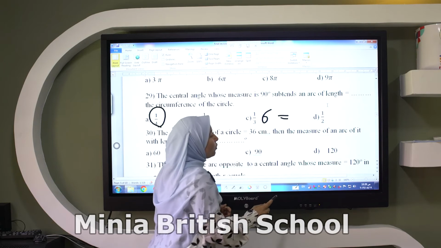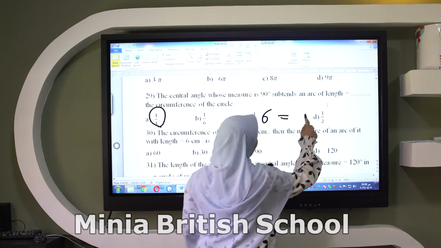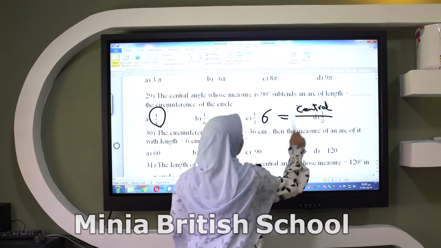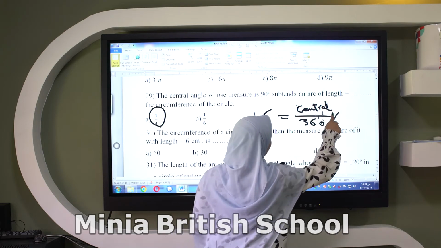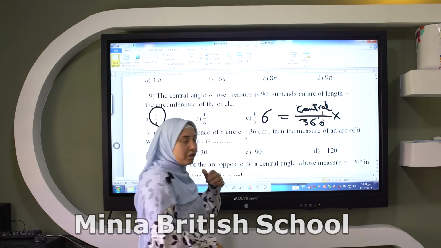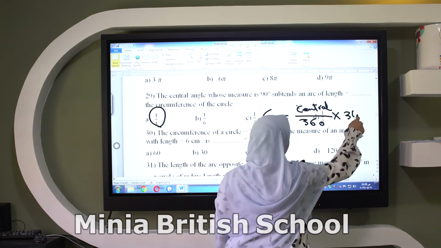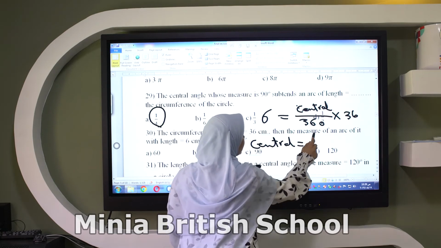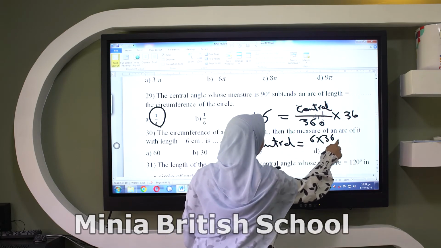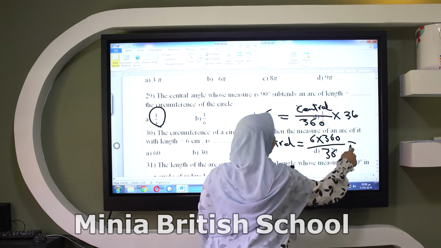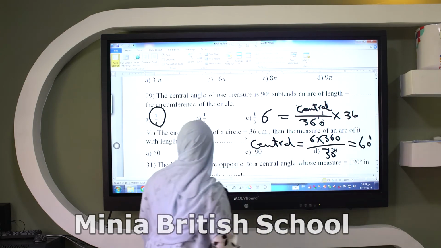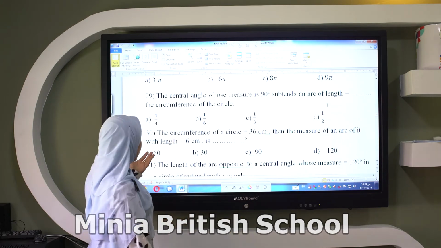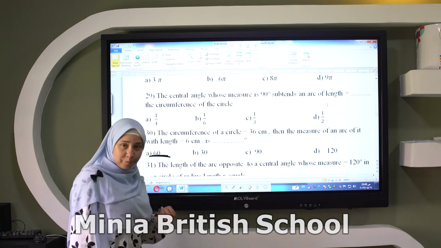This length equals the central angle, or the measure of the arc, divided by 360 times the circumference. Circumference here equals 36. Then the central angle equals 6 times 360 divided by 36, which equals 60 degrees. So the measure of the arc here equals 60 degrees.